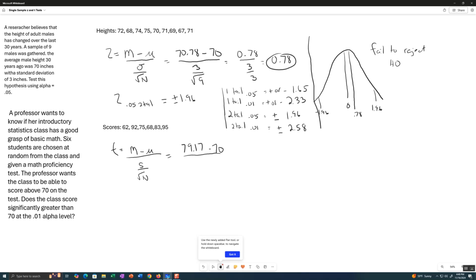And now the standard deviation. We have to compute the standard deviation here. So let's walk through that. That's a little bit more work here. So we know that the mean is a decimal. So if the mean is a decimal, I do not want to use the deviation formula. I want to use the computational formula. So this one's going to be a little bit more work here.